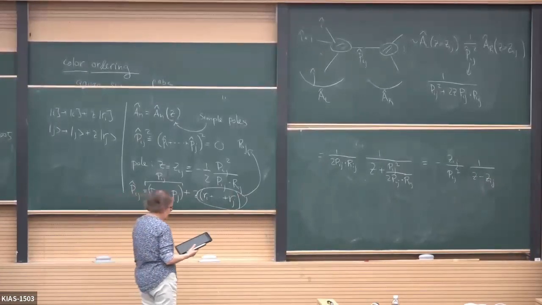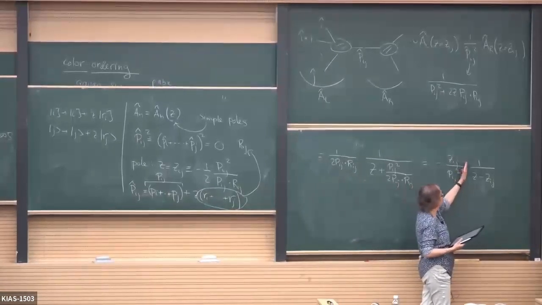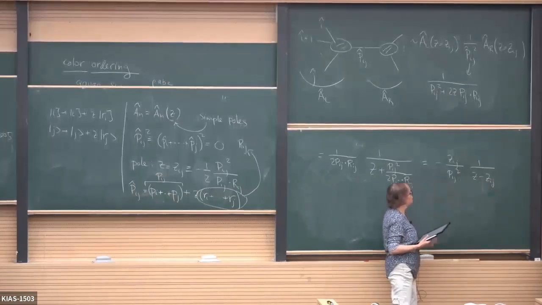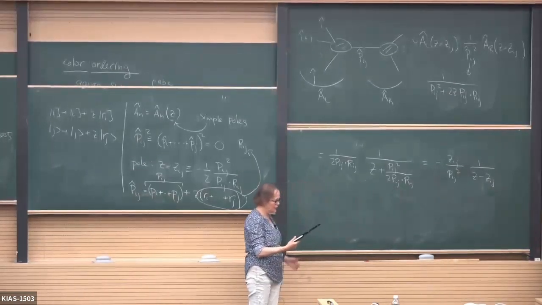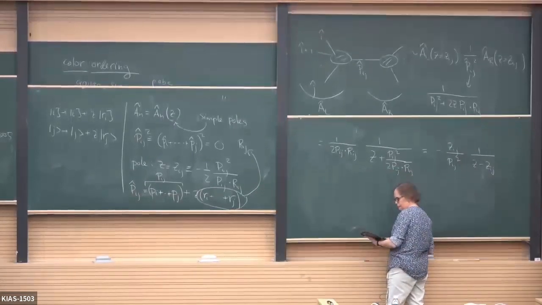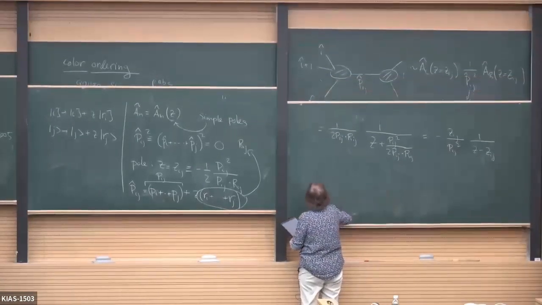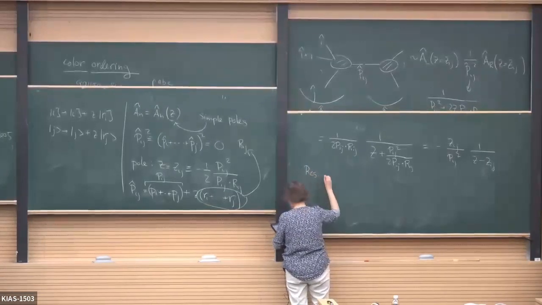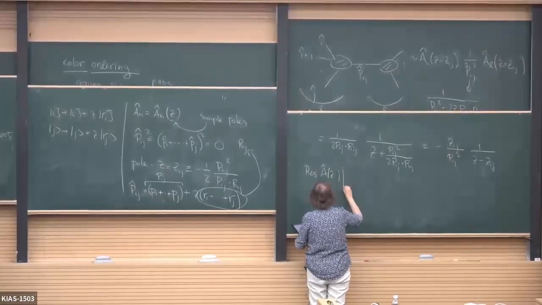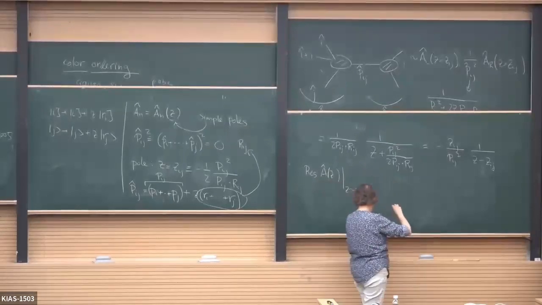It's very simple stuff. But this is the result that we really wanted, because now it's written in a way that makes it very clear where the poles are and what the total residue is. So now we see that the residue of A hat of z at z equals Zij is this whole prefactor.